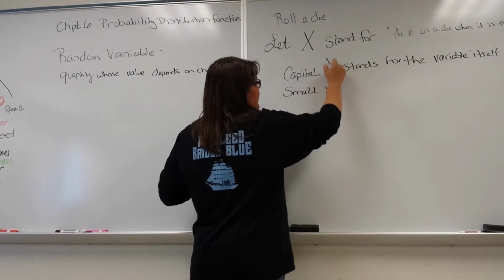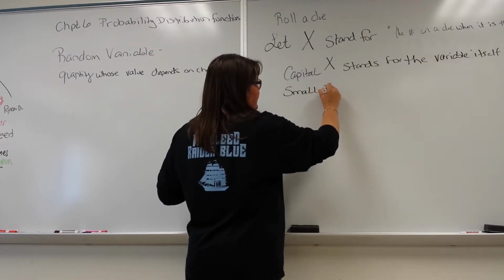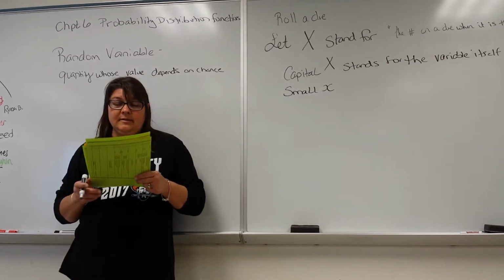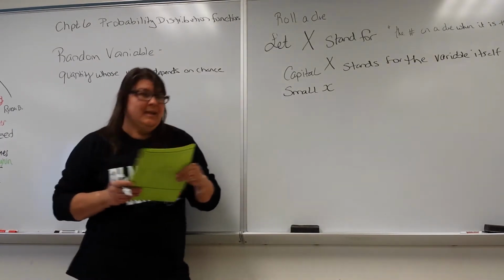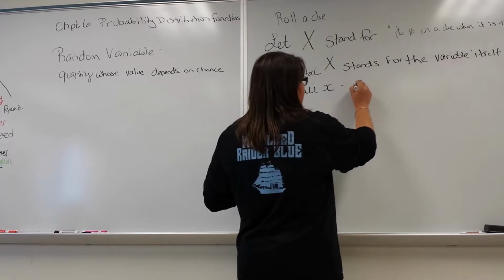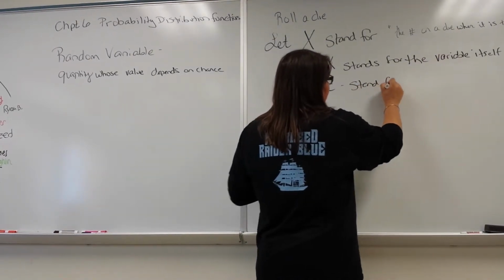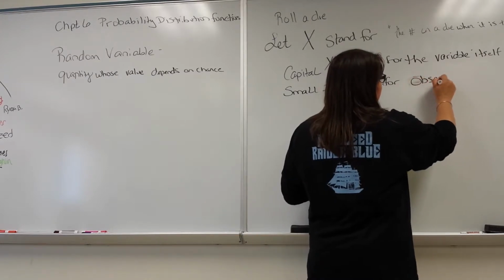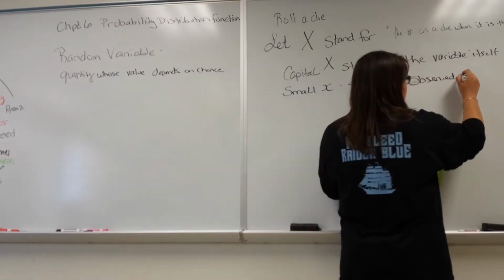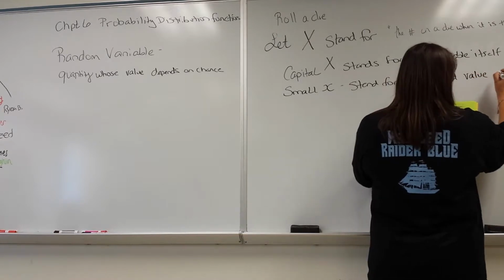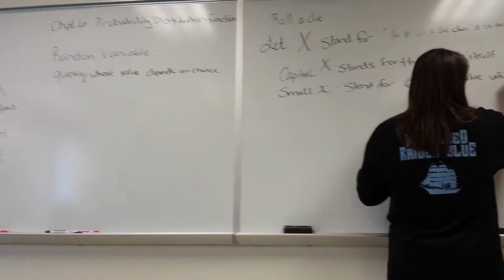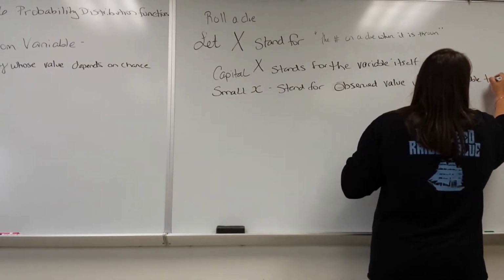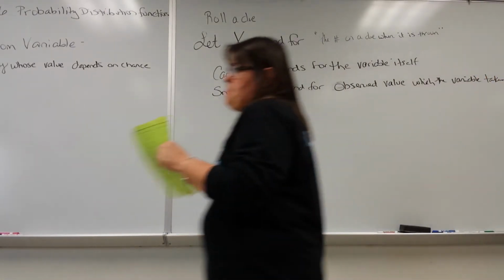Well, big X looks like that, and I do a little curvy x for the small one, because sometimes my x's look the same. So the small x is going to stand for the observed values which the variable takes.